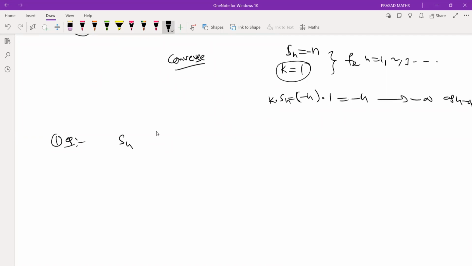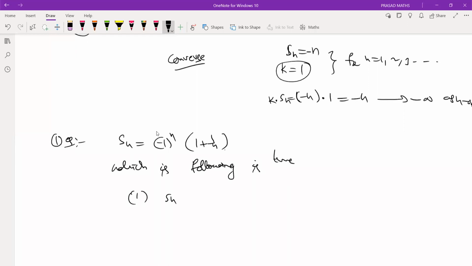Suppose Sn equals minus 1 whole power n into 1 plus 1 by n. The question is: is it divergent or convergent? Which of the following is true? Take one minute. First one, Sn is convergent. Please respond in the chat box.